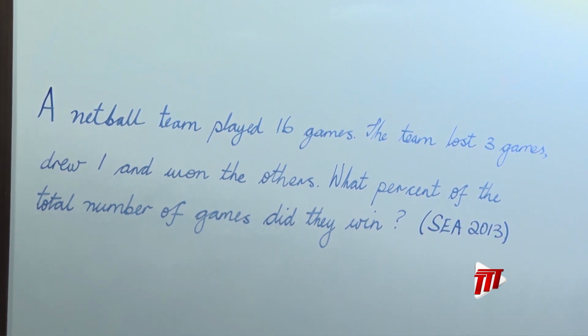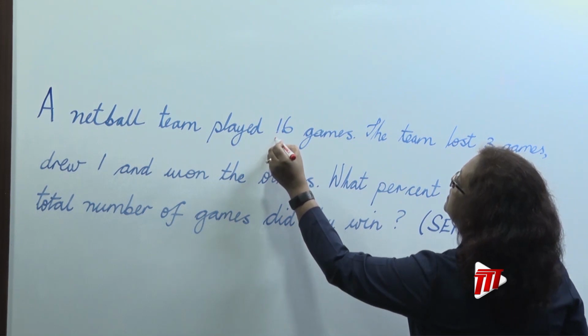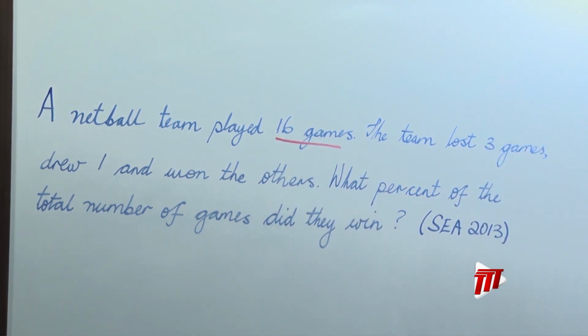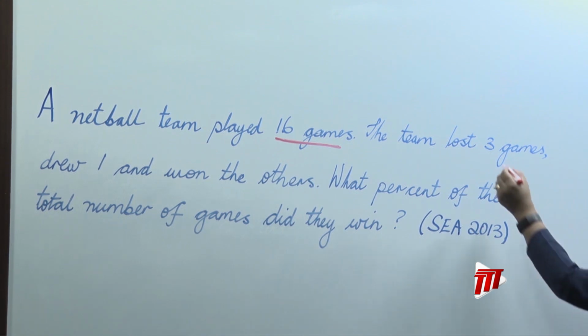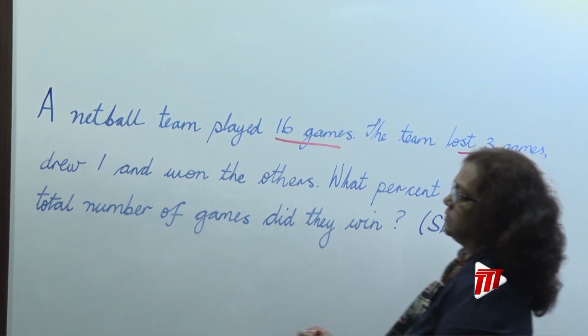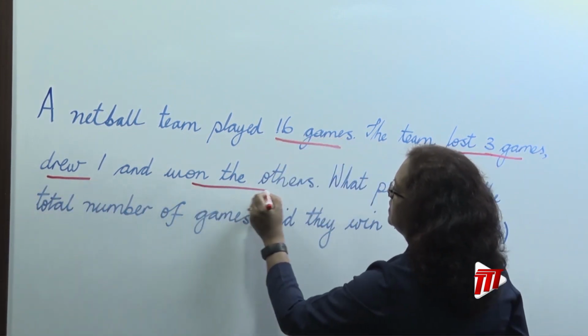So we're going to examine our problem and try to figure out what it is we need to find out. So we know the netball team played a total of 16 games. They lost 3 games. They drew 1. And they won the others.